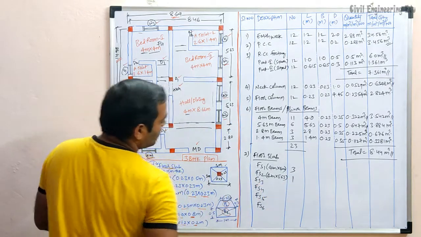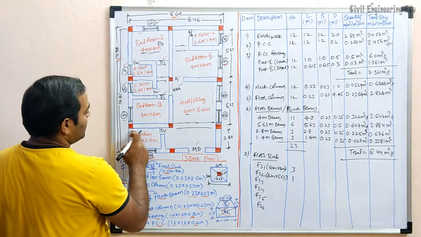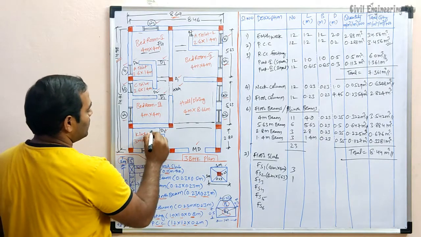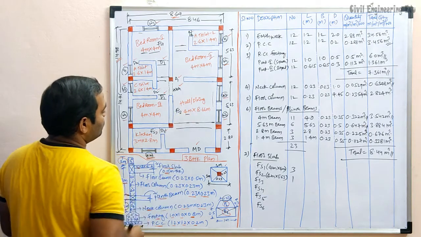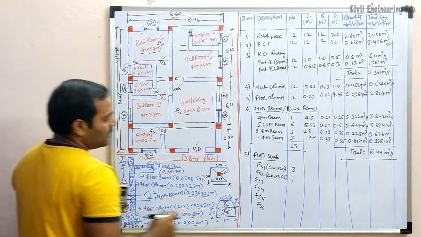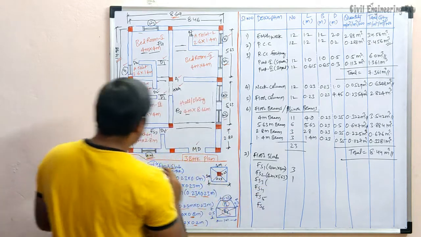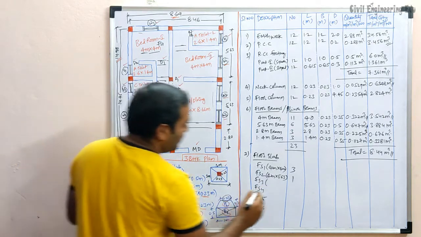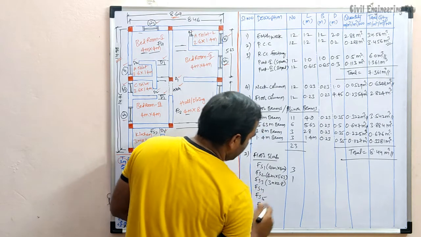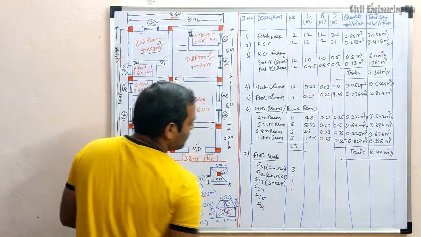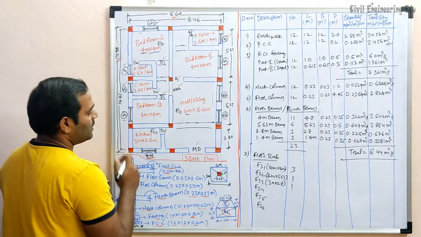Now floor slab 3. This kitchen room I have taken as floor slab 3. This is FS2. In case of floor slab 3, the size is 3 meter by 2.8 meter. How many numbers? Only one number.